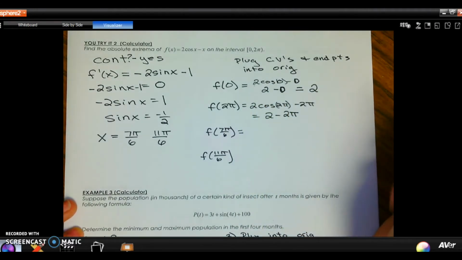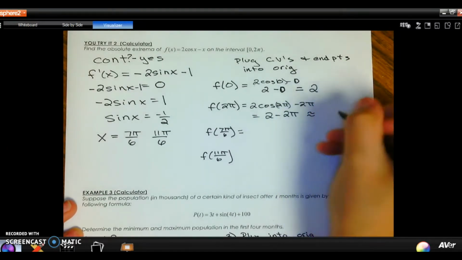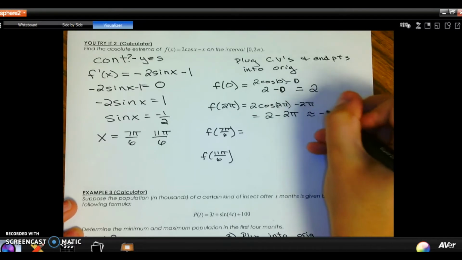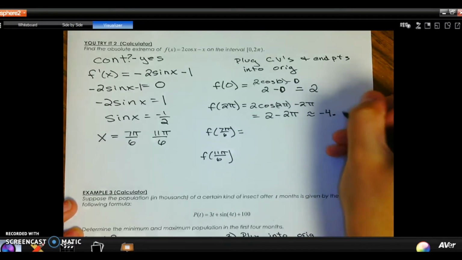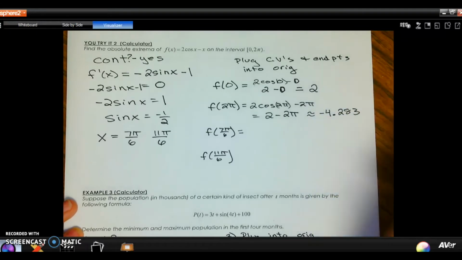And that's where you may want to go ahead and evaluate that using the pi key on there to get an approximation. So with my calculator, I got that was negative 4.283.